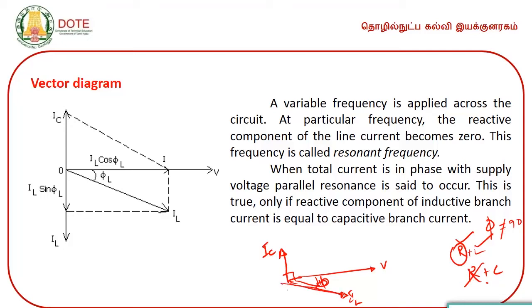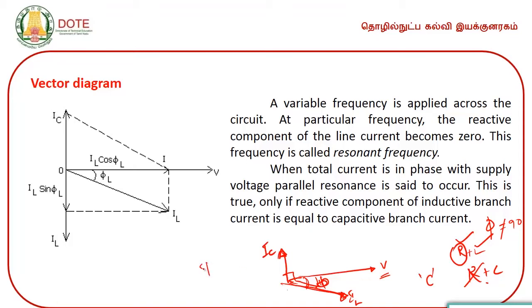So, I have drawn the phasor IL here. This is your phi. Then considering the other branch, you have a pure capacitor. In a pure capacitor, the capacitor current will be leading the voltage by 90 degrees. So, this is the voltage reference, and you have to draw the capacitance current here.